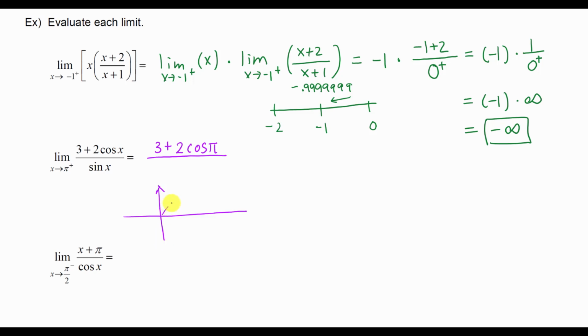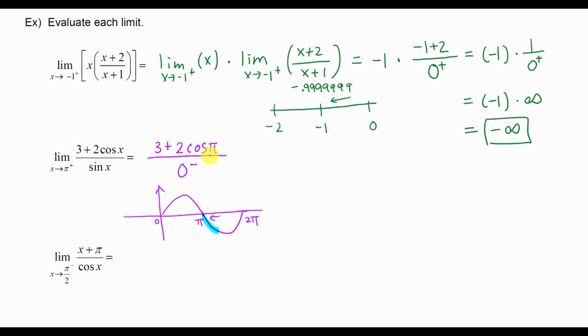This is what the sine graph looks like, if you recall, from 0 to pi. So this will be pi, and x is approaching pi from the right. Your values are getting closer to 0, but they are negative numbers. So you are going to get a negative number that is very close to 0.